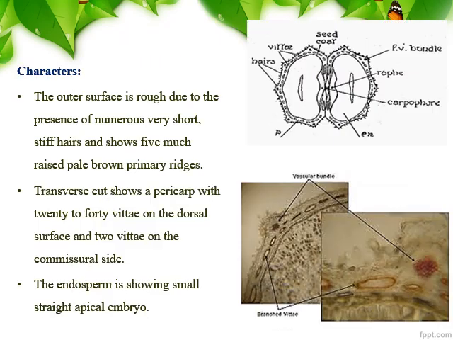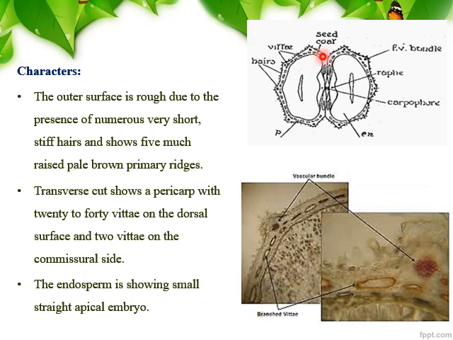The transverse section of anise is almost similar to fennel. The main section is occupied by the seed, epicarp, and endocarp, with bicollateral vascular bundles, with the exception that in anise the epicarp is covered with numerous non-glandular unicellular hairs. There is also the presence of numerous vittae on the dorsal surface due to the presence of branched vittae. In fennel we have 4 vittae on the dorsal side and 2 on the commissural side.